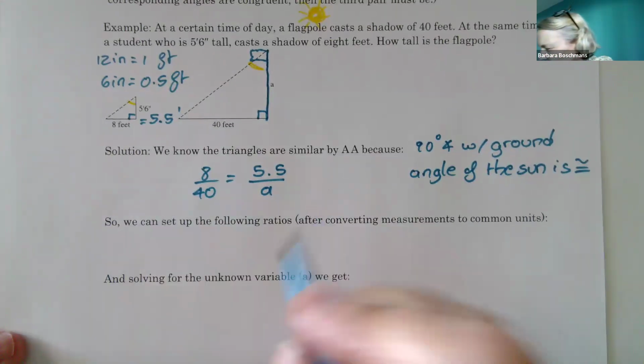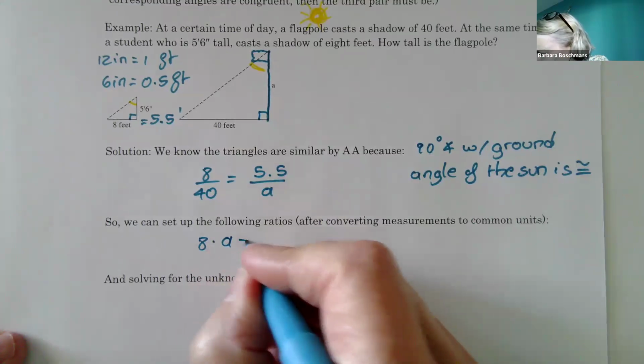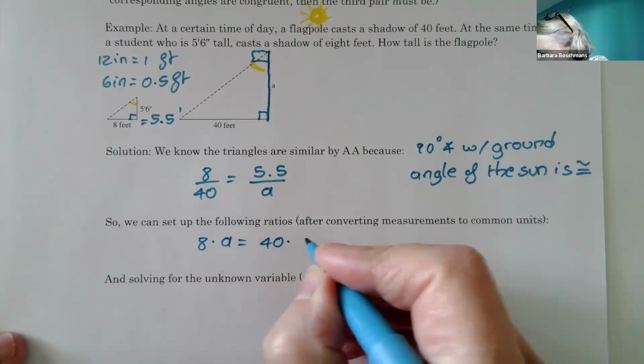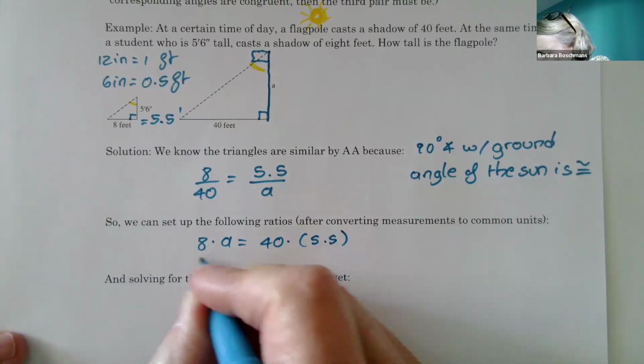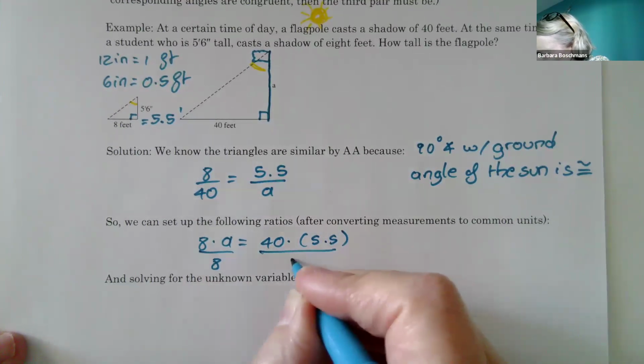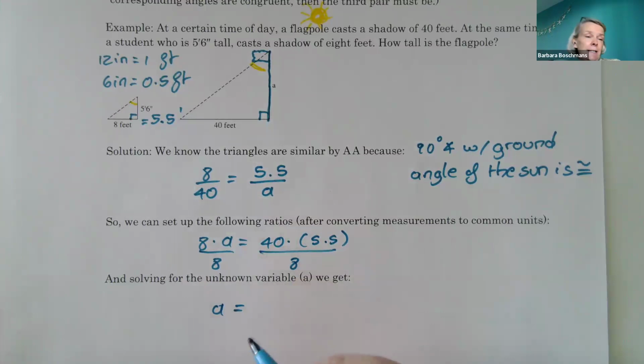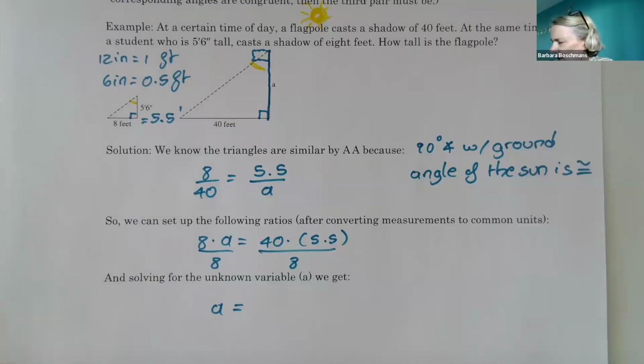We'll use the rest of the space to cross multiply. 8 times A equals 40 times 5.5. We're going to divide by 8. Again, take out your calculator, and I will do 40 times 5.5, and then I will divide by 8, and I get 27.5.